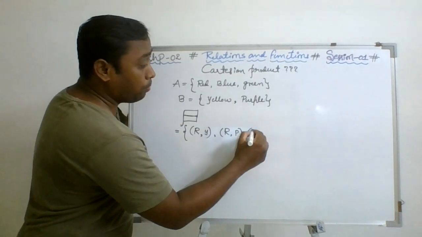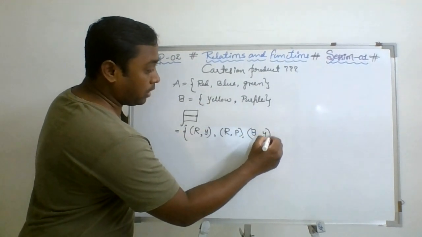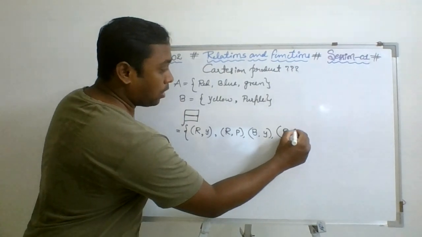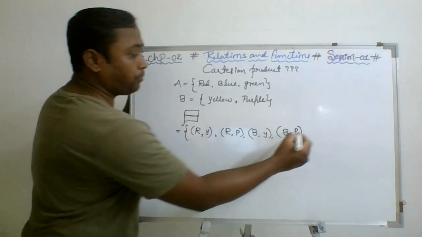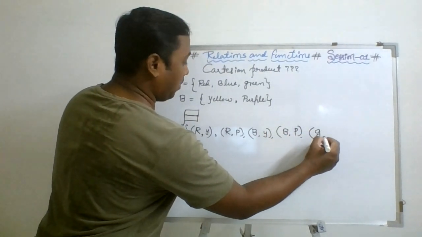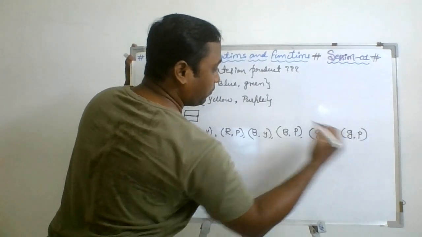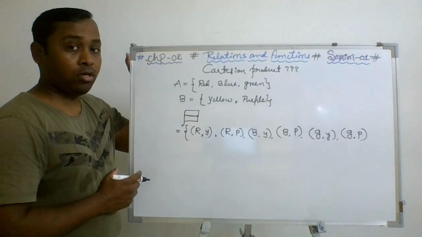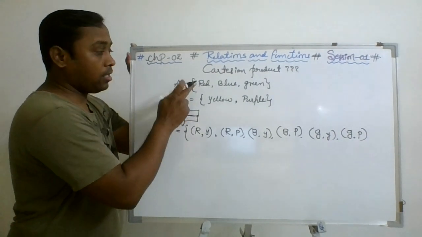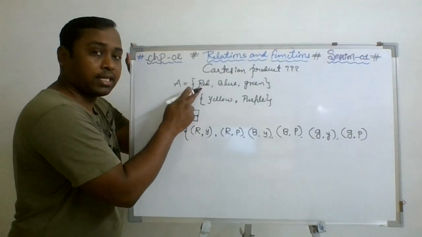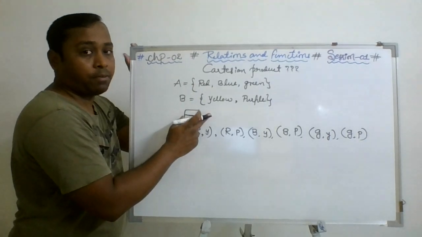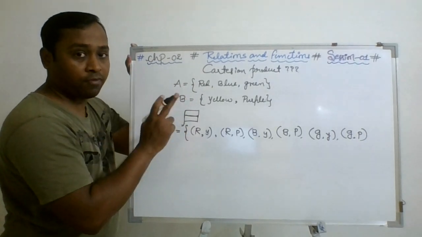Third, blue with yellow. Blue with purple. Similarly, green with yellow. Green with purple. Here we are keeping the first color from set A and the second color from set B. This gives one set of flags.